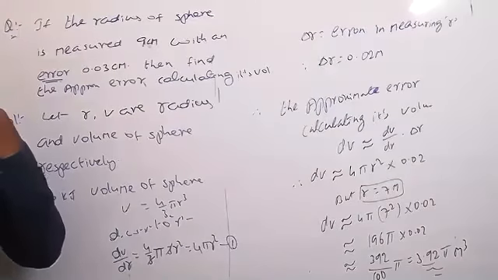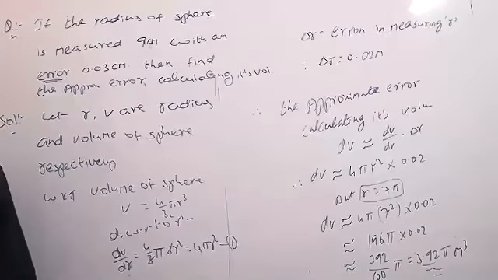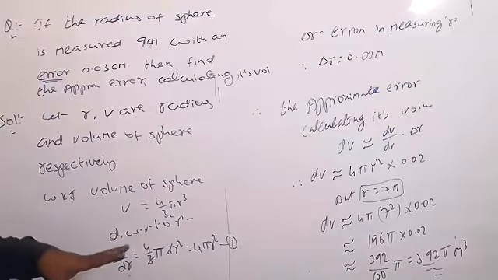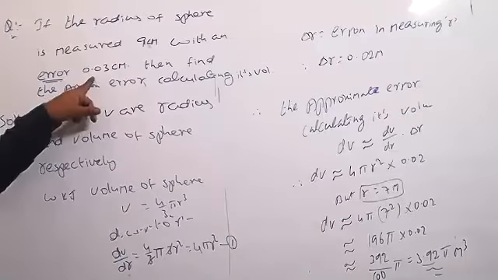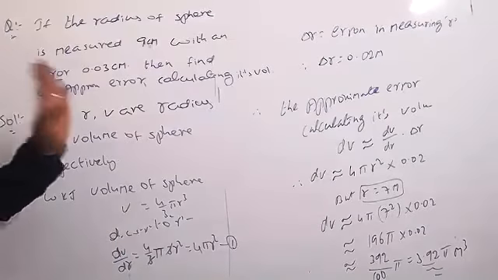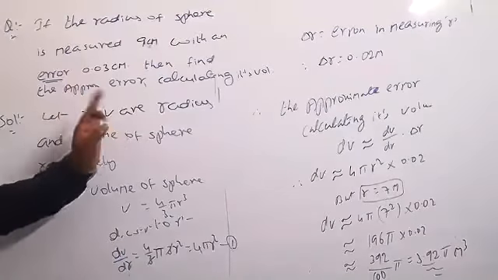Anyone, please tell me the answer. I think this much time is not required for this. Same model, same formula, and everything will be the same, but we are just changing the values here. In place of r and delta r, we are taking different values.